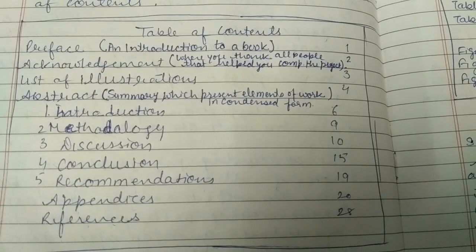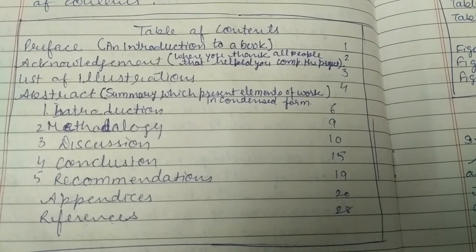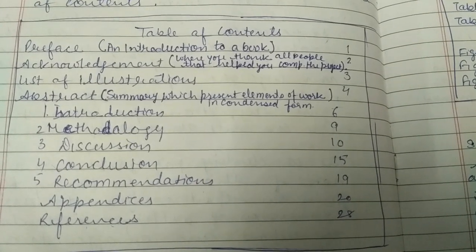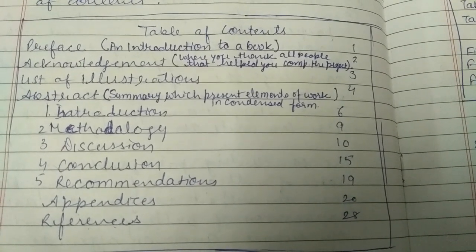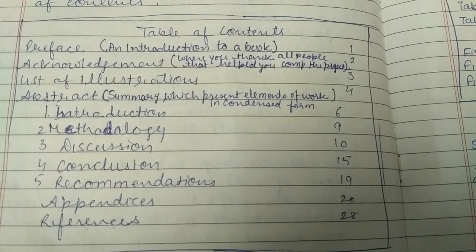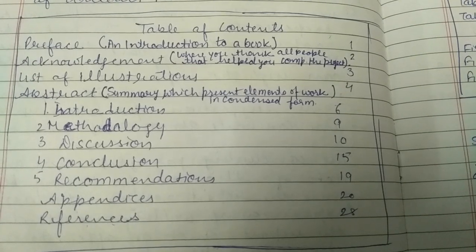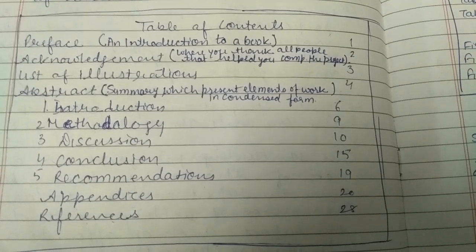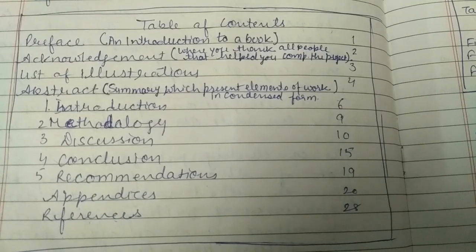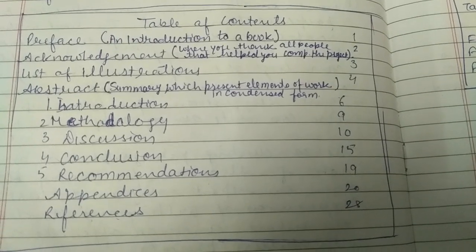Whatever illustrations you have used, you can write in a list. Abstract. An abstract is a summary which presents elements of work in condensed form. Then introduction, methodology used, discussion, conclusion, recommendations, appendices, references. So in this way you can prepare your table of contents.